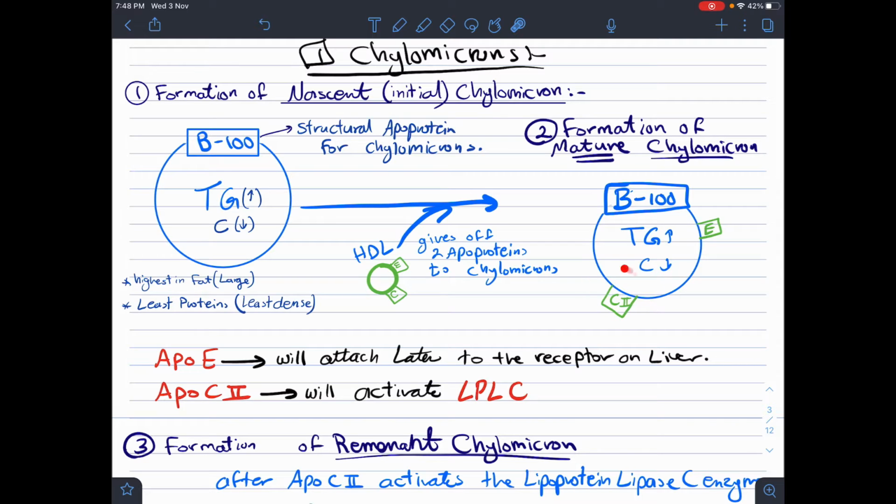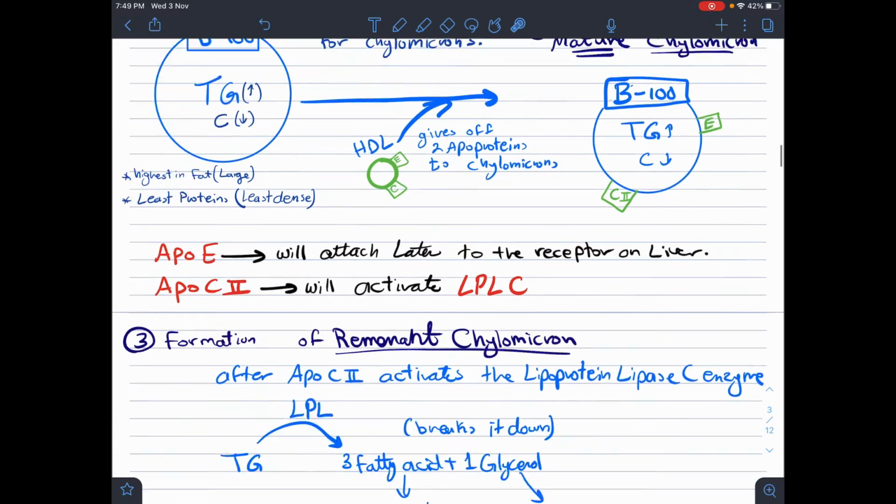ApoC2 is going to activate the lipoprotein lipase that's going to break down the triacylglyceride. ApoE is there because it's important for the liver receptor to recognize it. So the liver is going to recognize ApoE and take this chylomicron inside.